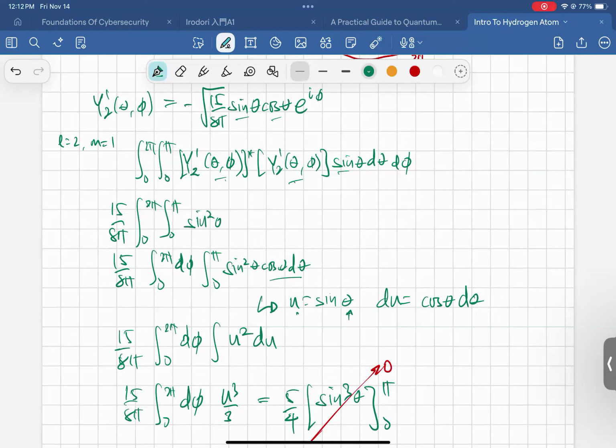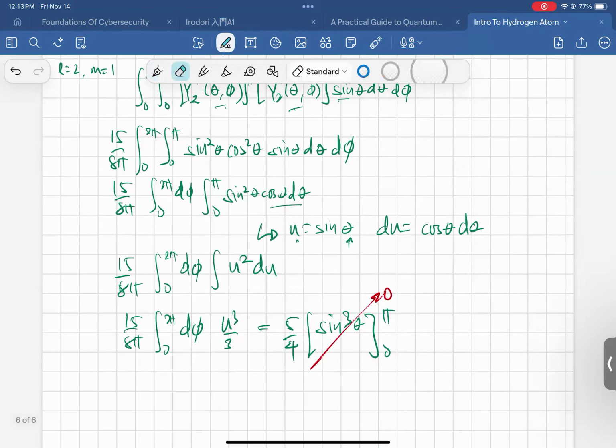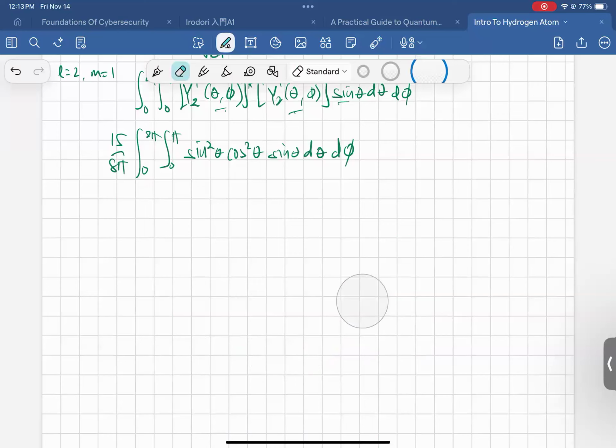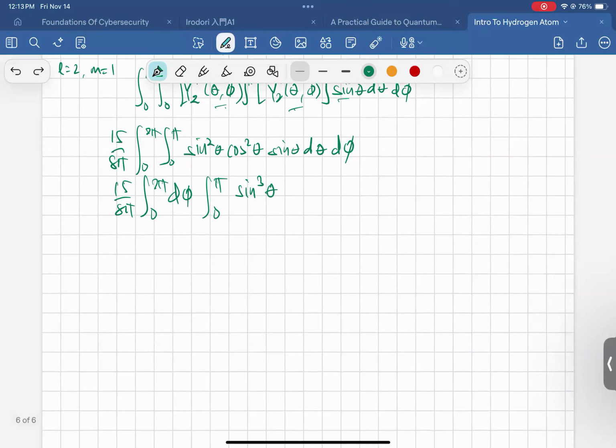Okay, sine squared theta, cosine squared theta, and then sine theta d theta d phi. So dapat ganyan. Then, buburahin natin lahat ito. Okay. So, 15 over 8 pi, 0 to 2 pi ng d phi, then 0 to pi ng sine cube theta cosine squared theta d theta. Yan.